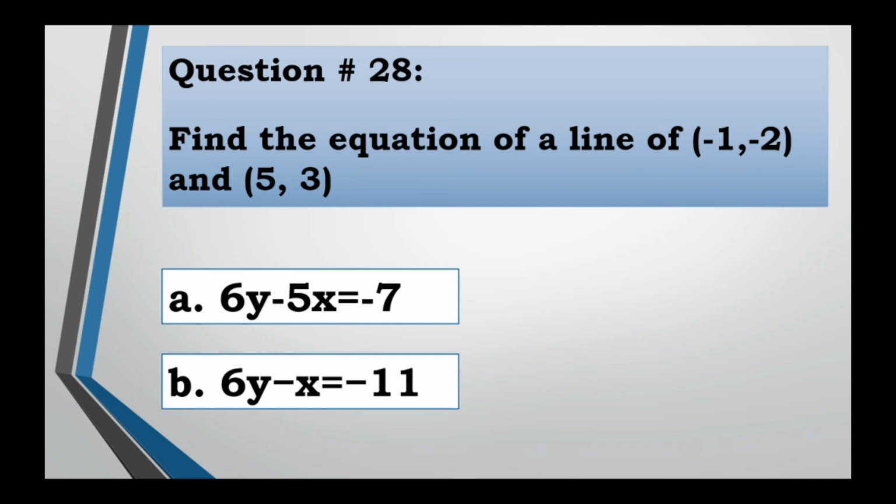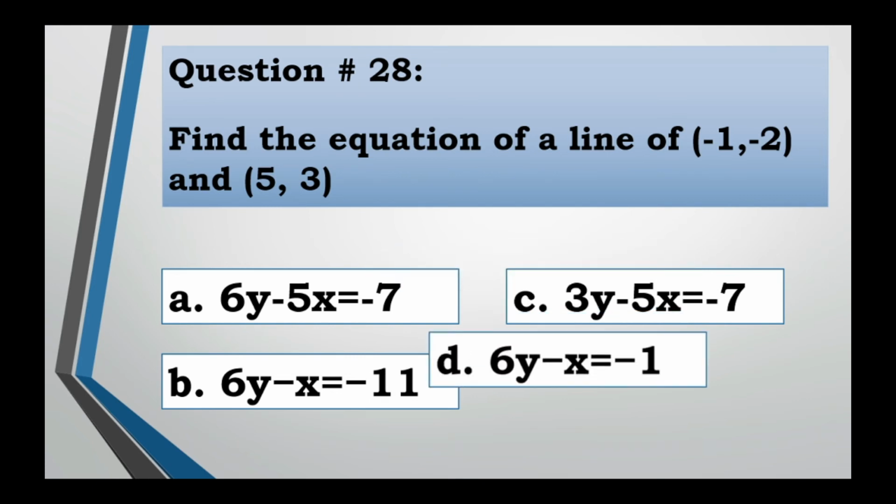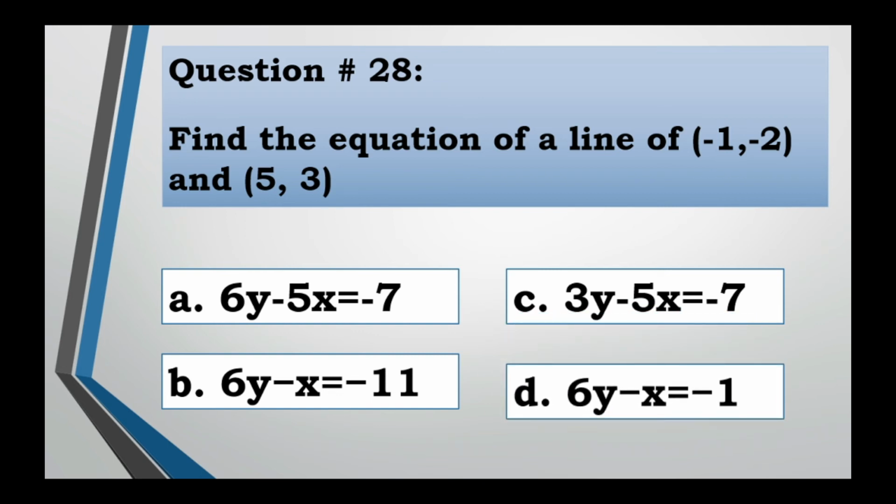Letter B, 6y minus x equals -11. Letter C, 3y minus 5x equals -7. Or letter D, 6y minus x equals negative 1.